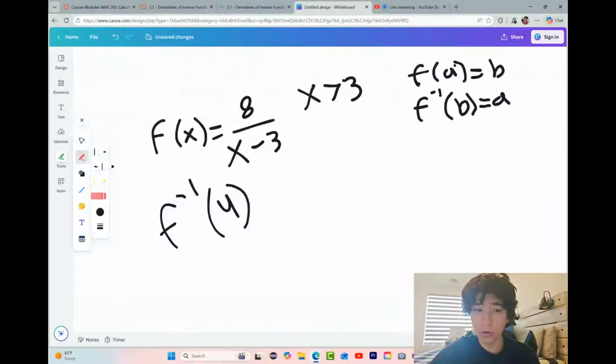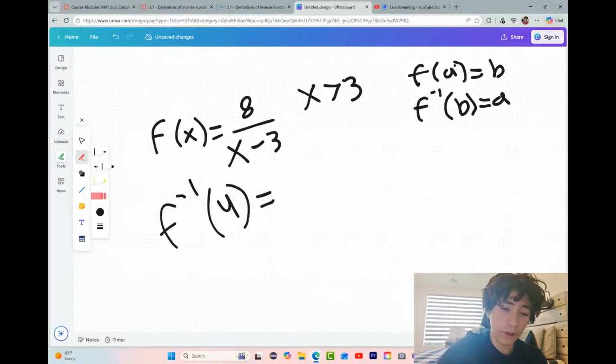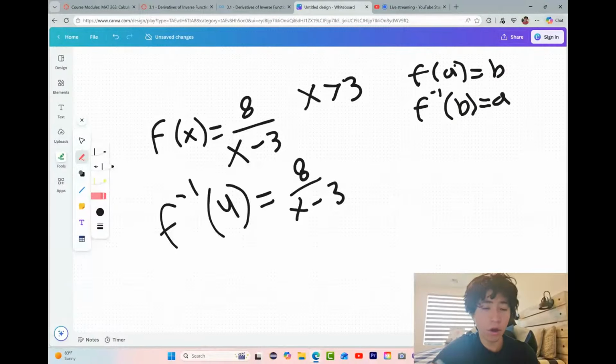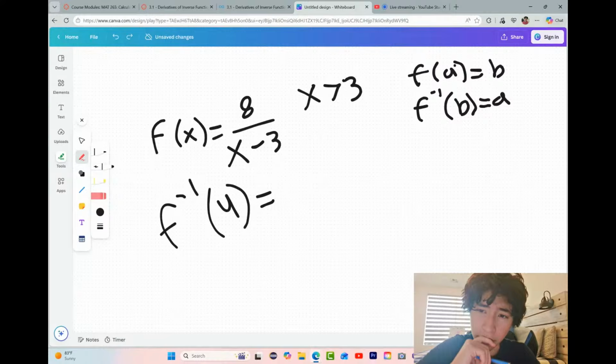So we know that f inverse of 4 is 8 over x minus 3, I think. No, that's not right. Or is it? Oh, wait, hold on.